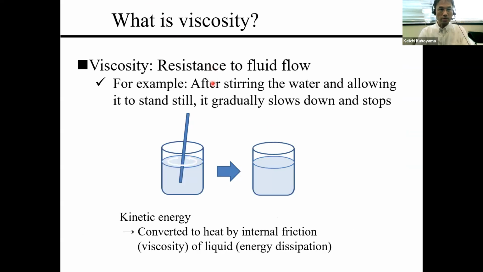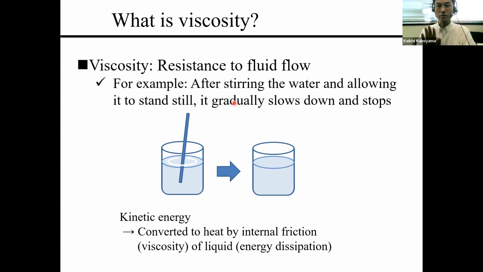So next, let's think about the viscosity. What is viscosity? So viscosity is resistance to fluid flow. So let's think about when you put your hand in a water bath and move it forward. While you are moving your hand, you feel the stress on your hand.